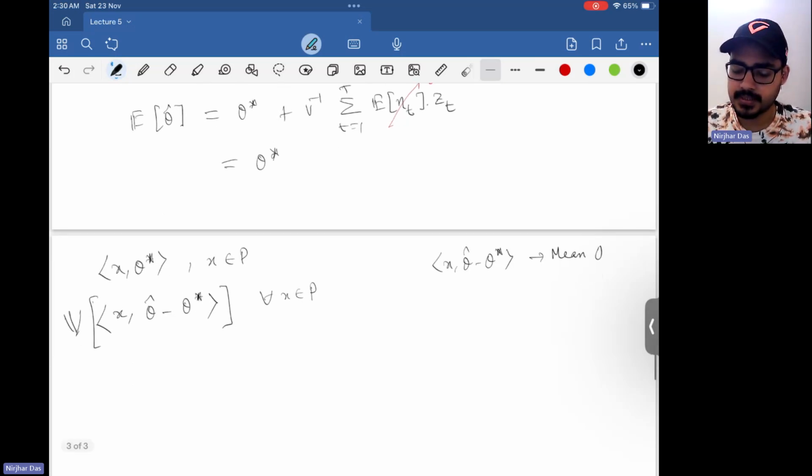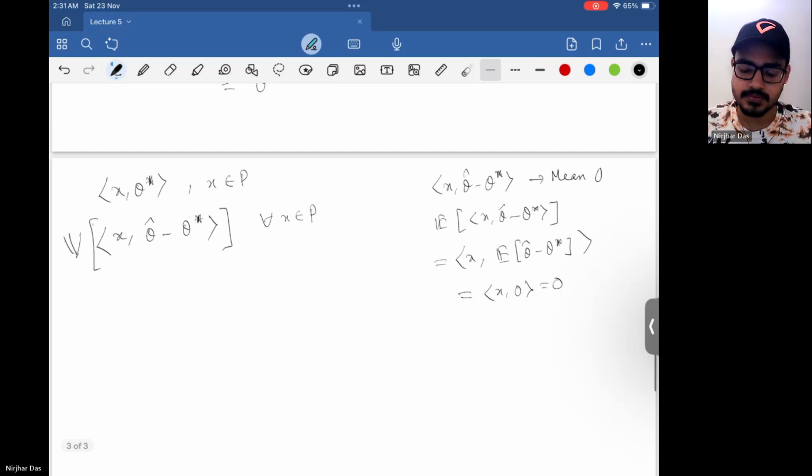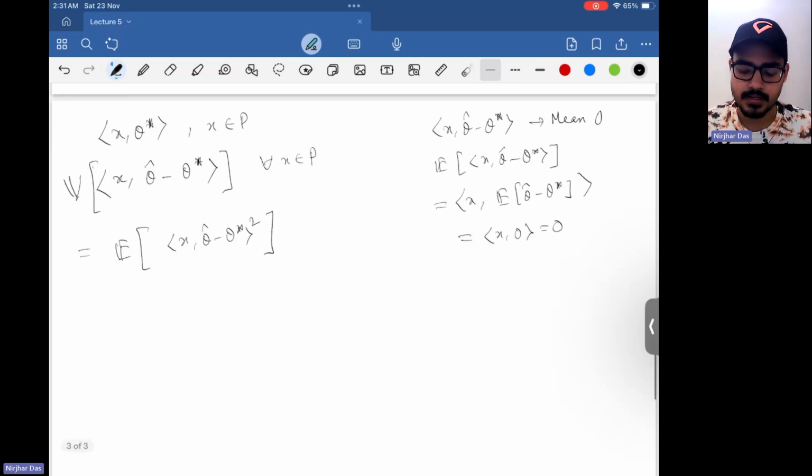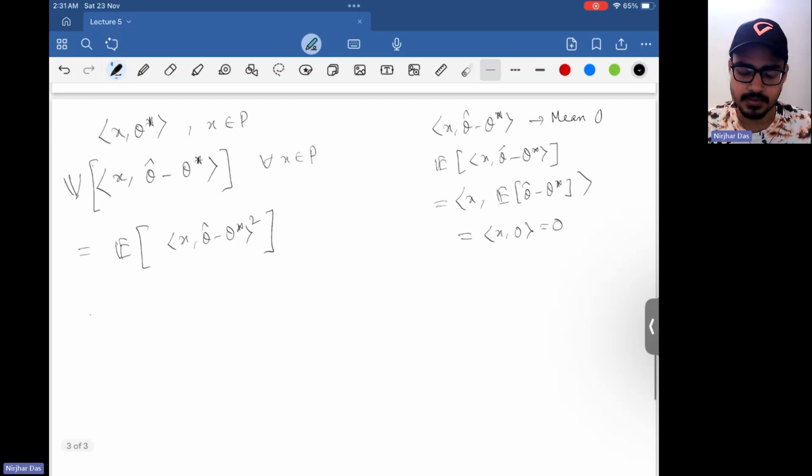So the expectation of this quantity is nothing but x times 0, by linearity of expectation. Therefore, the variance of this quantity is nothing but the expectation of x times theta hat minus theta star, squared. And now let's try to see what this is.